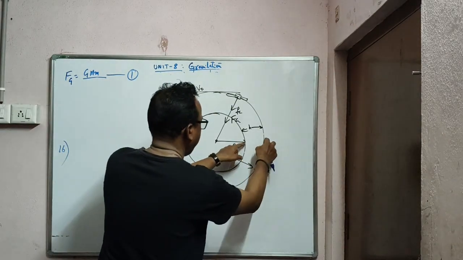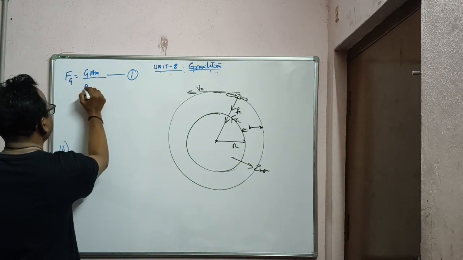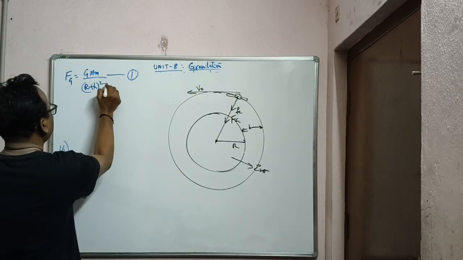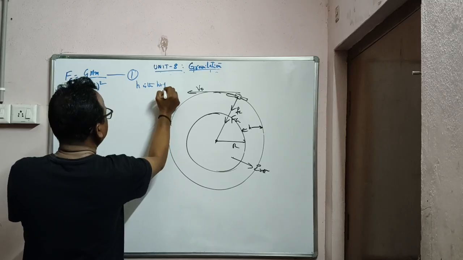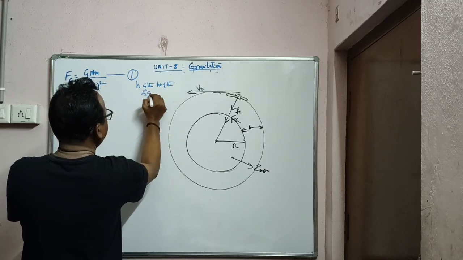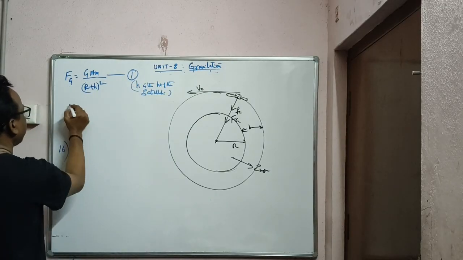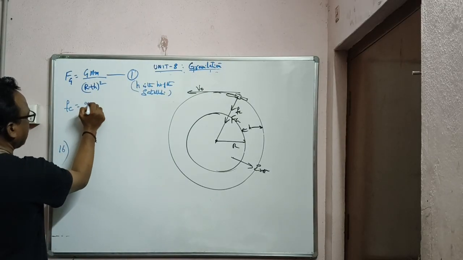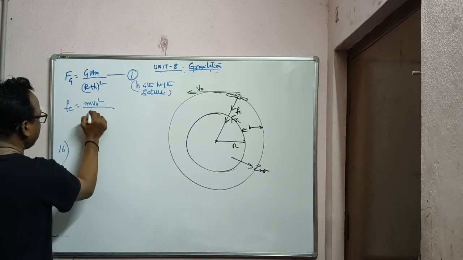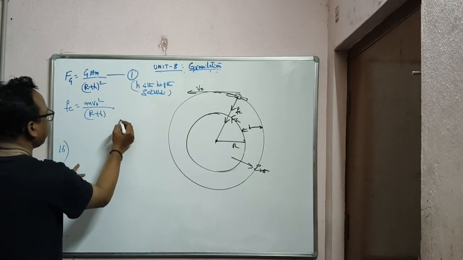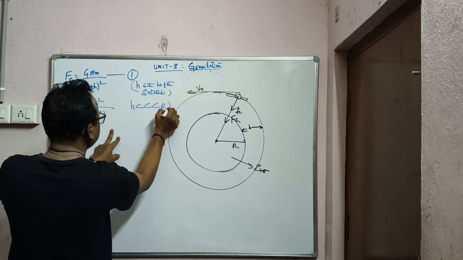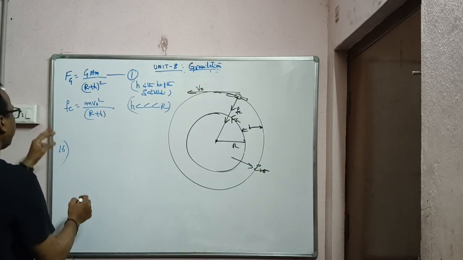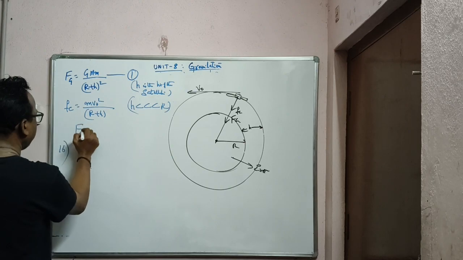See, if it is at a height, we take R plus H. H is the height of the satellite. When it is very near, we can remove it again. H is the height. Likewise, what is centripetal force? m v square by R plus H at the height. So when H is very much less than R, I'll take it as both are equal here.